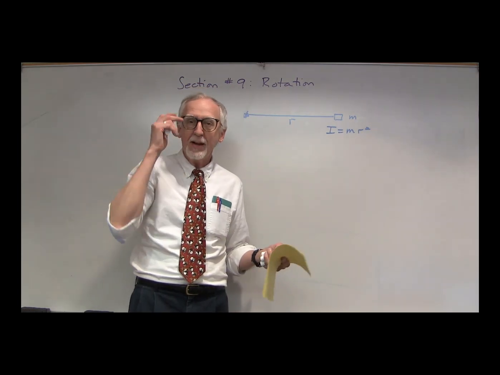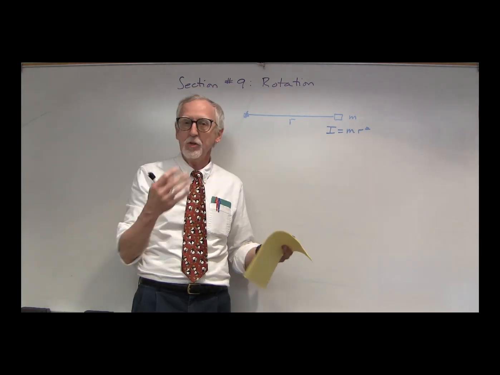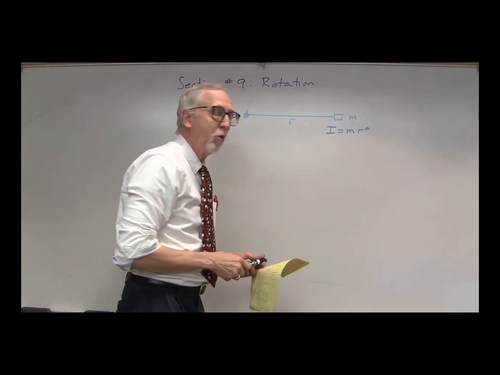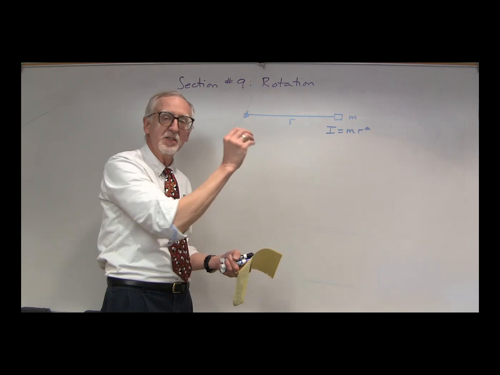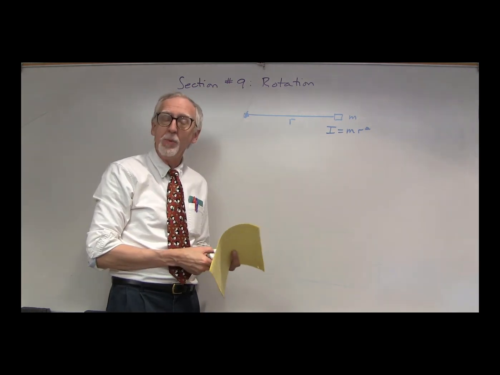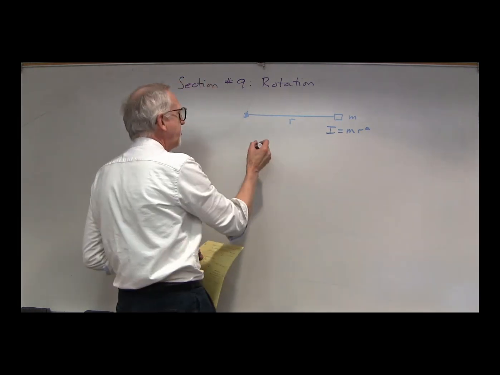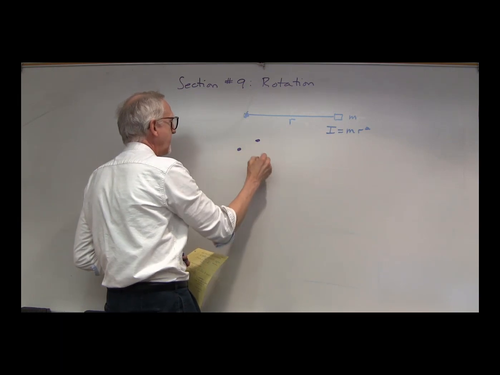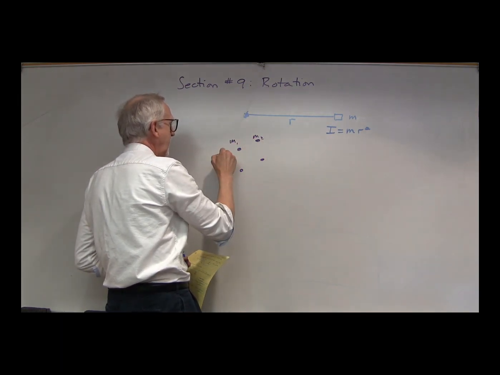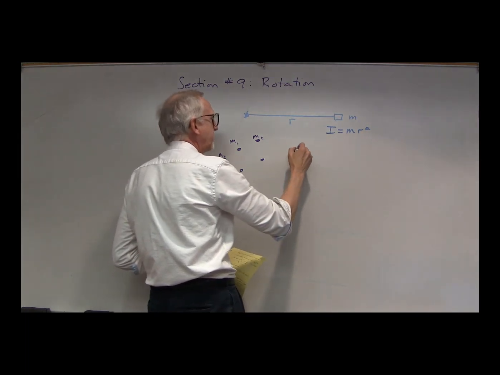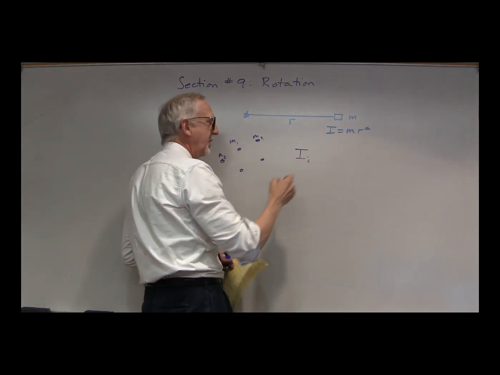When you've got a whole bunch of masses, what's the total mass? You just add up the masses of each individual object. Well, when you've got a whole bunch of objects, what's the total moment of inertia? It's just the sum of all of the individual moments of inertia. So if you've got a system of masses, m1, m2, m3, you figure out the moment of inertia for the ith mass.